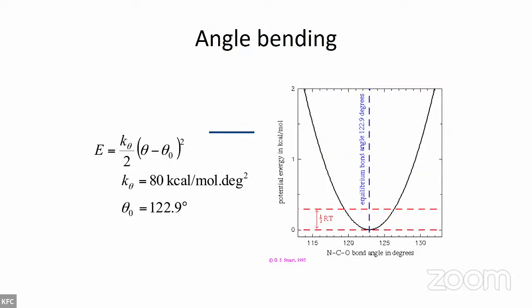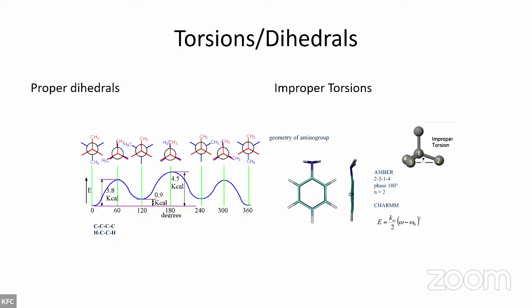So yeah, the angle bending is usually described by a quite similar equation as the bond, so it's usually quite easy. But the torsion dihedrals are usually quite problematic.